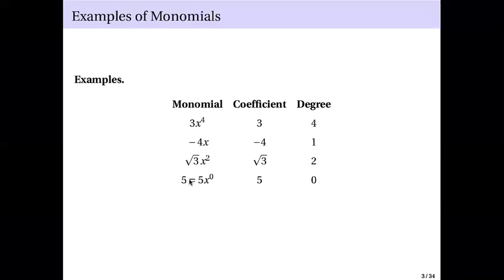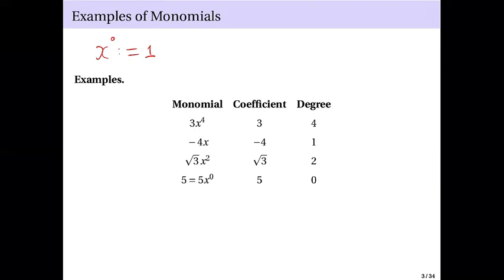And then here, if you just have the constant 5, this constant 5 can be written as 5x raised to 0. And this x raised to 0, we will define to be 1. X here is a variable. If you raise it to power 0, we will just define it to be 1.